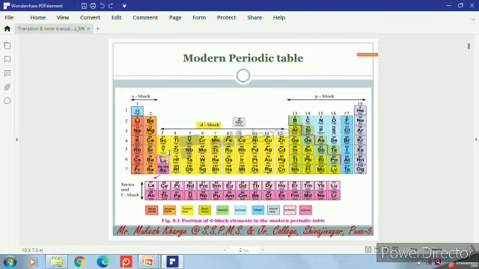Then the 4d series is from yttrium, atomic number 39, to cadmium, atomic number 48.